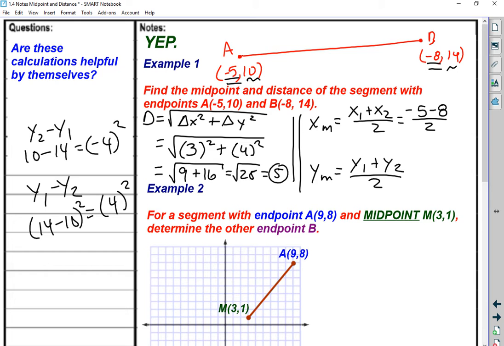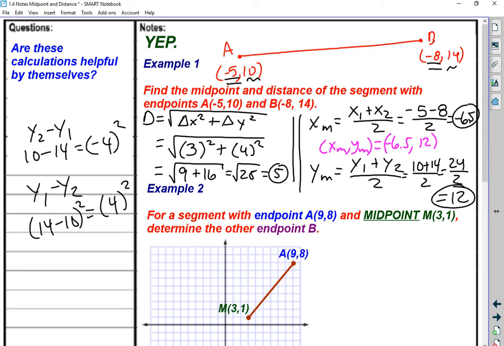Divide that by 2. That'll give us -6.5. On the y values, we have 10 and 14. So 10 plus 14 divided by 2 would be 24 over 2, which would equal 12. And so the coordinates of my midpoint, xm, ym, is going to be -6.5, comma 12.